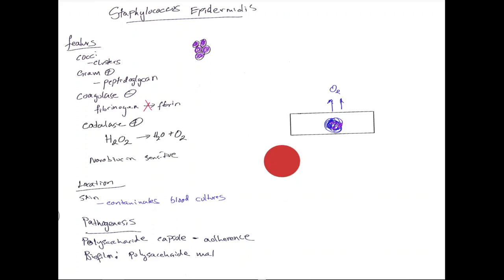So essentially, Staph epi just creates this around it, sort of a mesh work, right? And this will protect it from antibiotics, right? So antibiotics can't get in. All right.